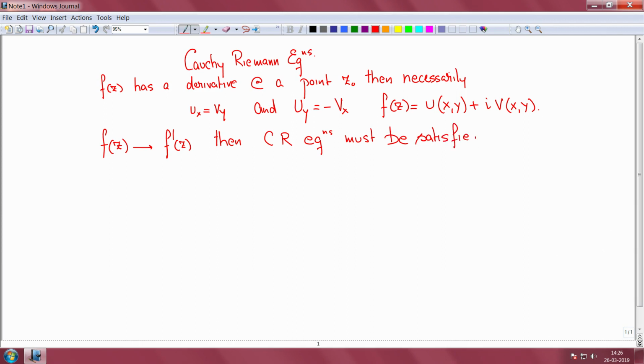It's a one way theorem. If f dash exists, then the CR equations necessarily are satisfied. The other way is not true.